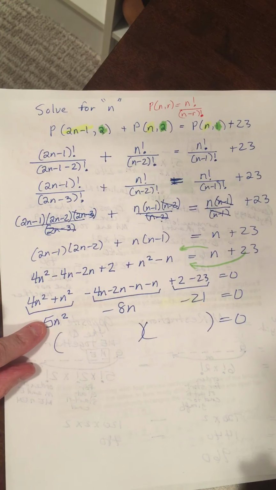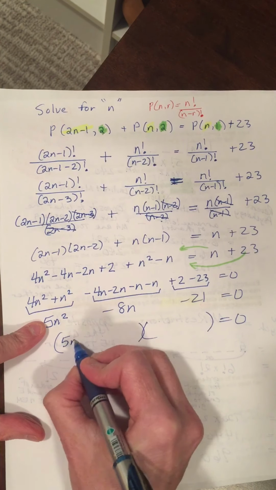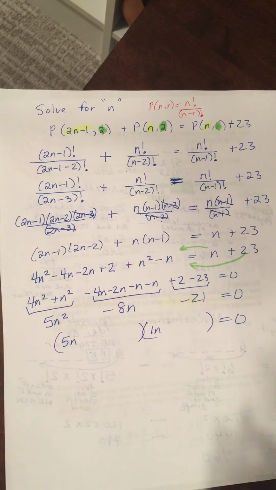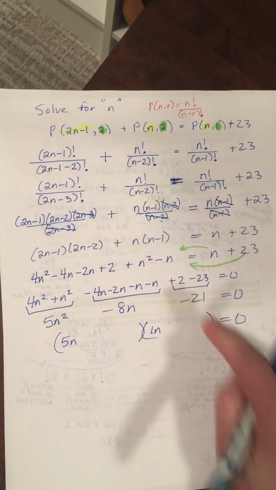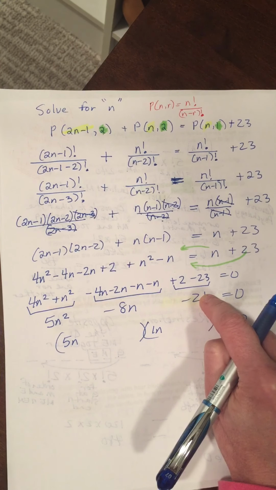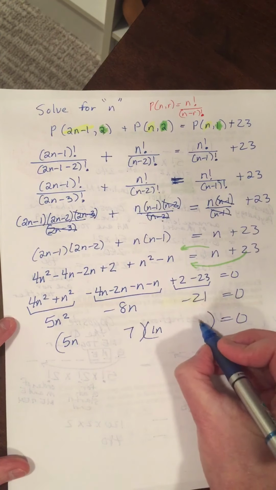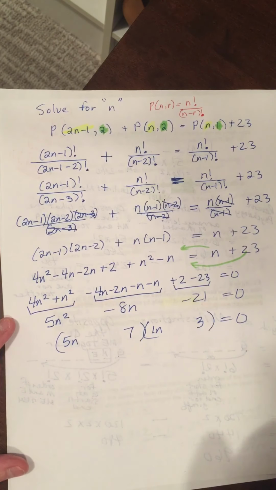What two numbers multiply to 5? No choice there. What two numbers multiply to 21? Well, I know we've got 1 and 21, and 7 and 3. You never use the 1 and 21 as your first choice. You're always going to try your 7 and your 3.